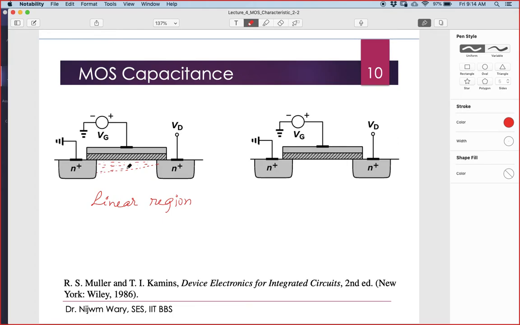Of course, the pinch off has not happened yet. Now the whole capacitance due to this plate and this plate gets divided into two parts.